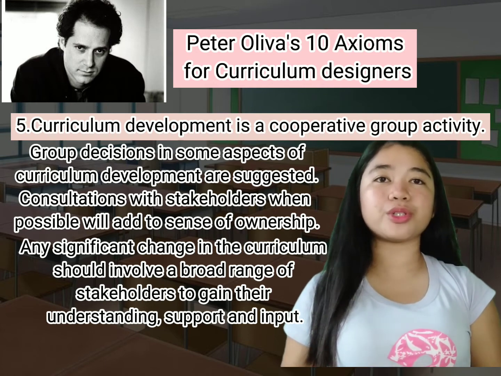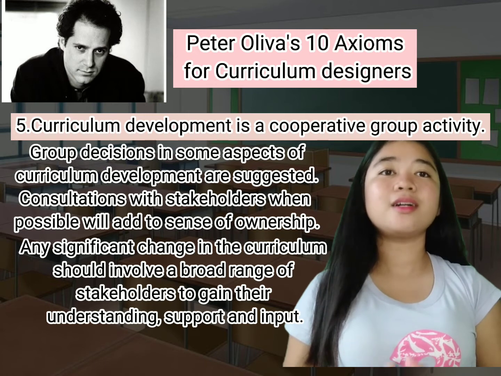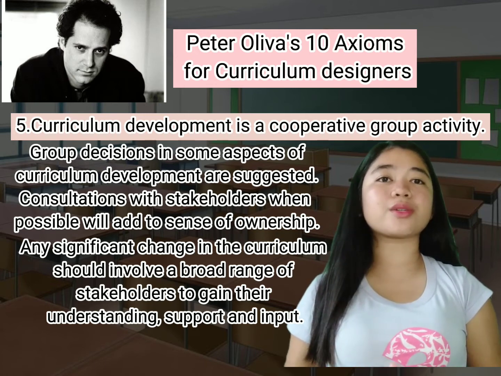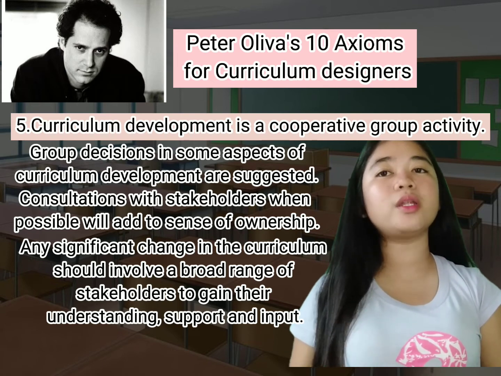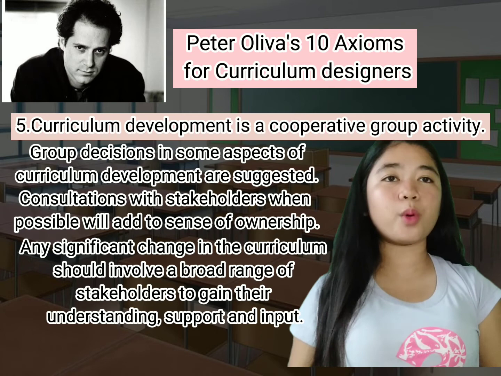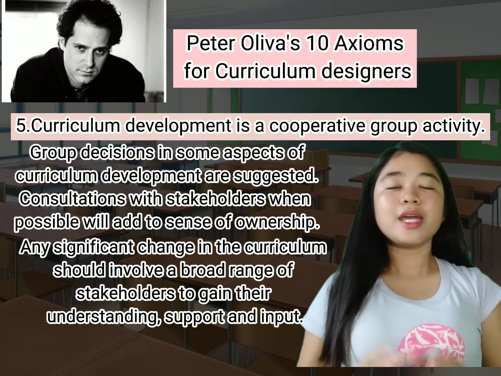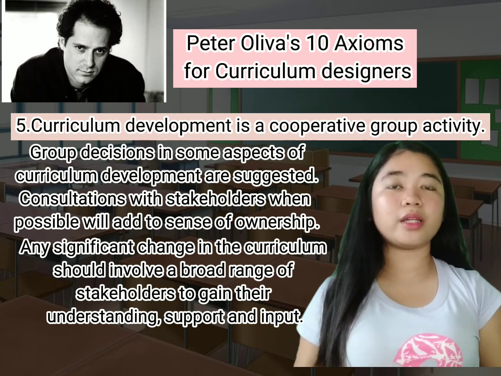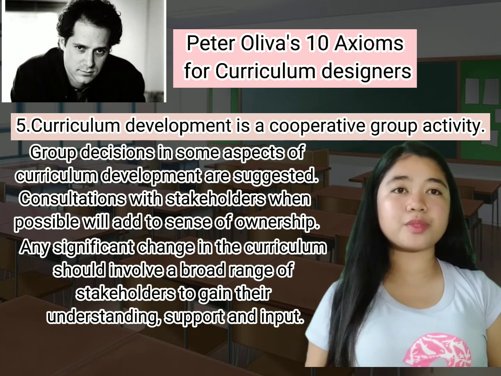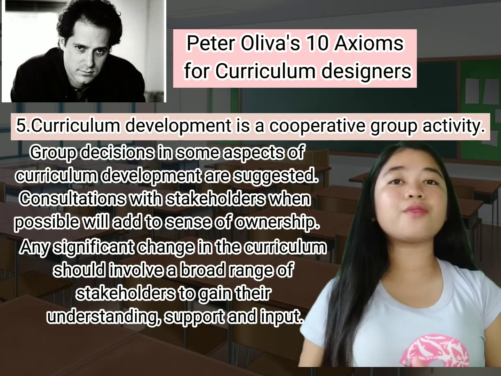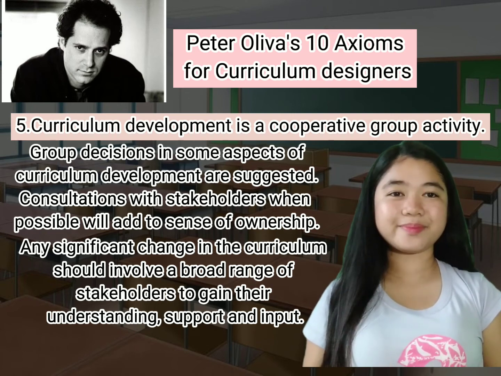Consultations with stakeholders, when possible, will add to the sense of ownership. Any significant change in the curriculum should involve a broad range of stakeholders to gain their understanding, support, and input. In developing a curriculum, it should be agreed by everybody. You cannot just develop it without the consent of the stakeholders, to avoid misunderstanding.